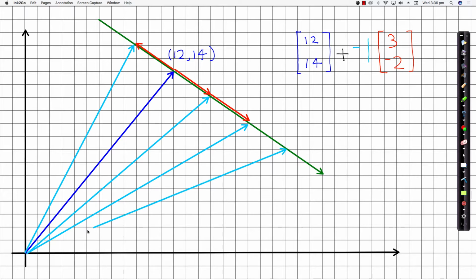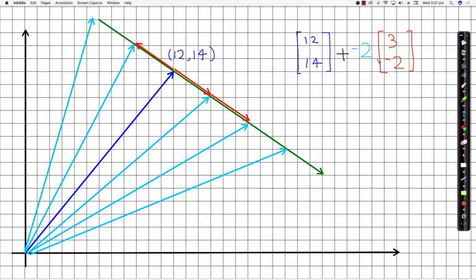Alternatively, we could use the dark blue vector and add this to 3 times our red vector [3, -2]. Or we could add the dark blue vector to minus 2 times the red vector [3, -2], noting that all the resultant light blue vectors point to points that lie on the line.